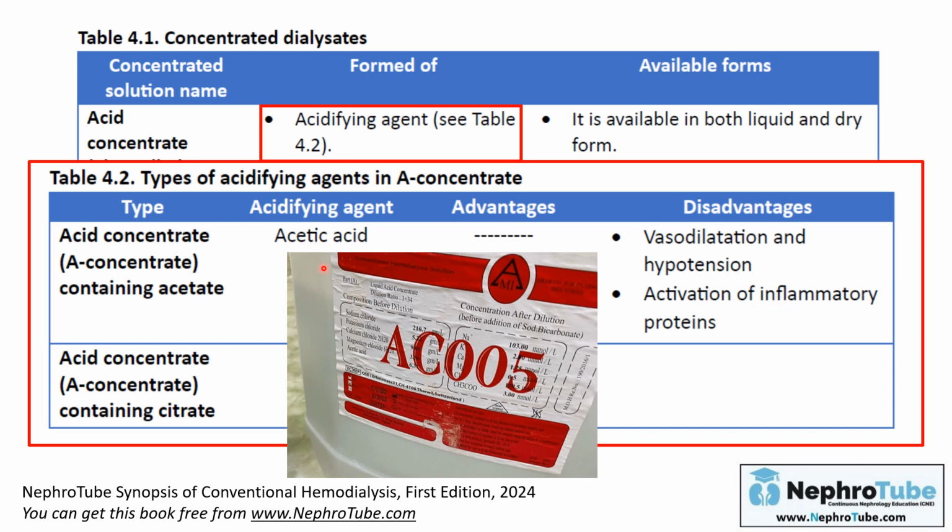But this is the most used acidifying agent here in Egypt, actually. Again, take care. We are using acetic acid here as an acidifying agent in the A concentrate. But in the past, they were using acetate instead of bicarbonate in the B concentrate. So now we are not using acetate instead of bicarbonate, but we are using acetate as an acidifying agent in the A concentrate.